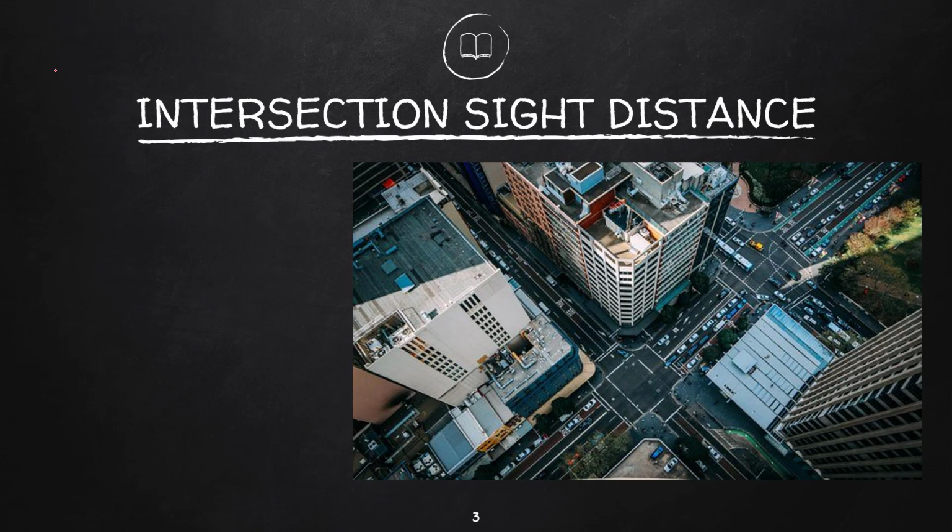So what is intersection sight distance? From the word itself, it is the sight distance that is provided for intersections so that drivers will be able to have more time in the decision-making process.